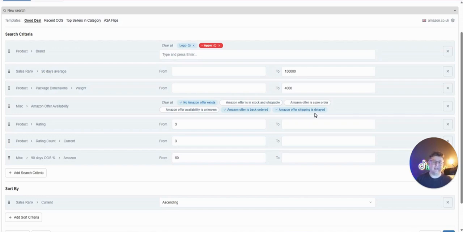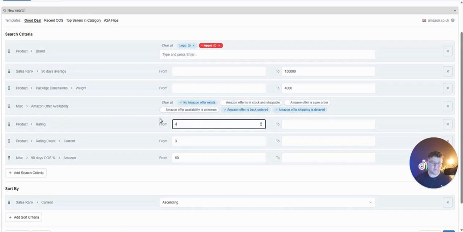So this is a little bit of a hidden advantage of using these ones. Obviously, you still have to analyze the product to make sure that it's still profitable. But I thought showing these two features, these are really good hidden gems, and I use these ones in my own business personally. If we go to product rating, in my opinion, 3 is a little bit low.